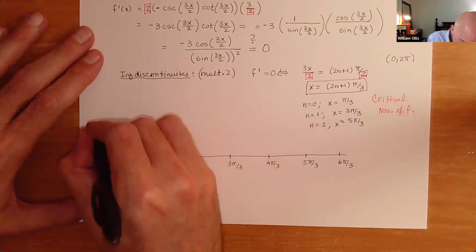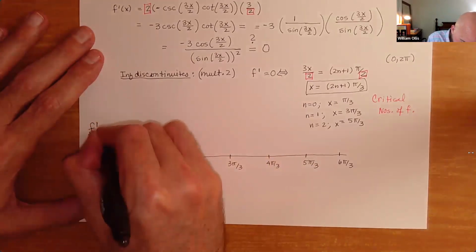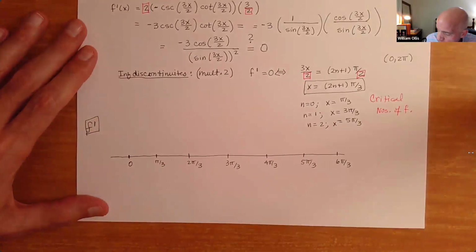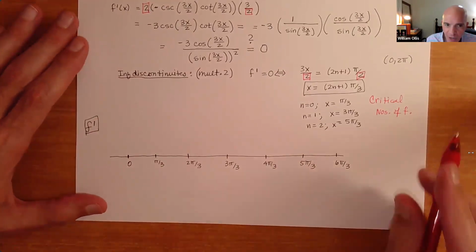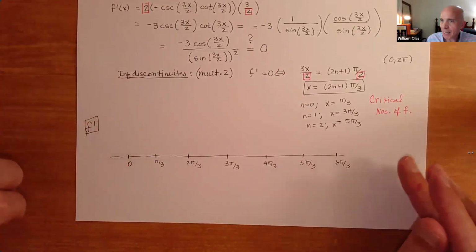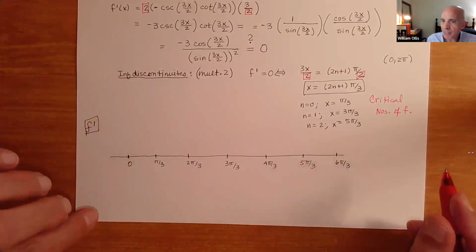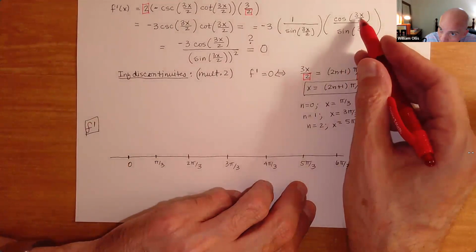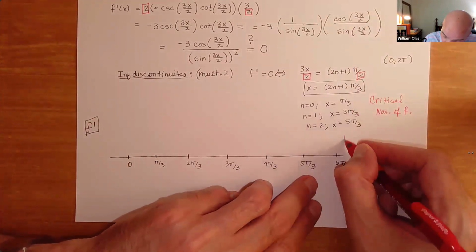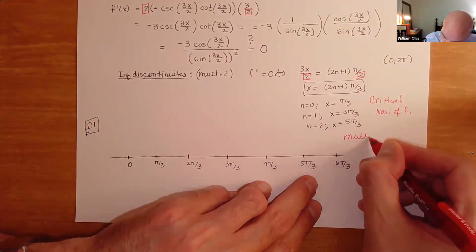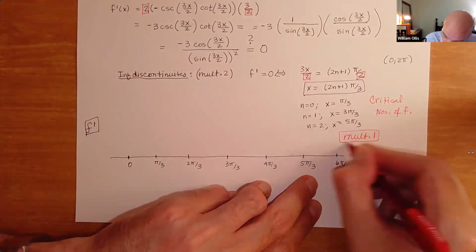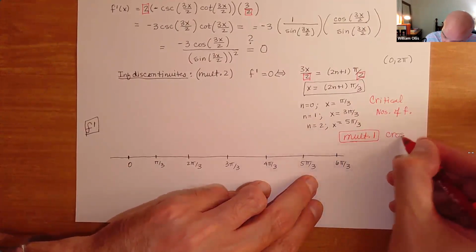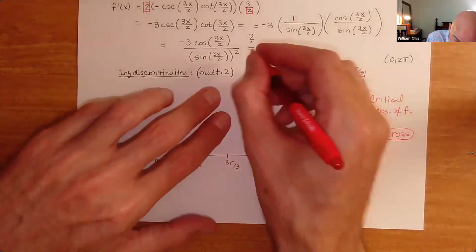So again, we're analyzing f prime. The way we do this is we just figure out what happens at the beginning, and then we can use the multiplicities. And notice here, this occurred to odd multiplicity, so we say multiplicity 1. So what do we say here? We say cross. And here we say touch.